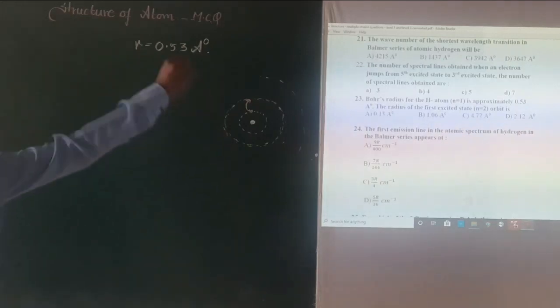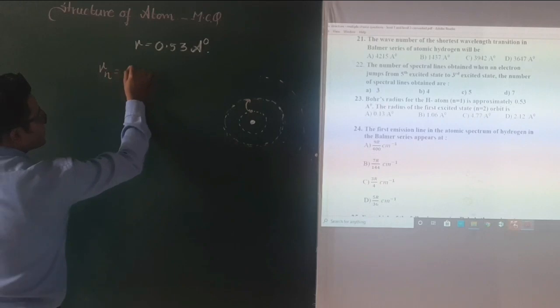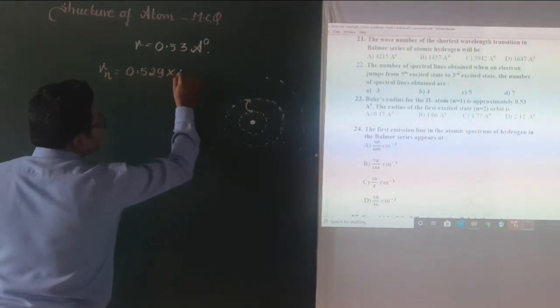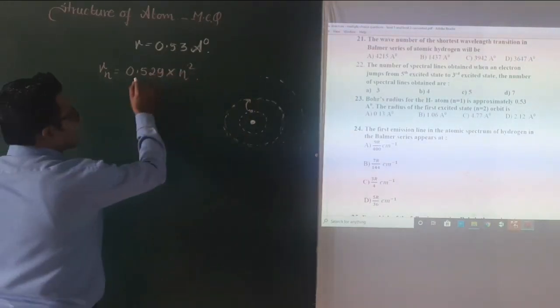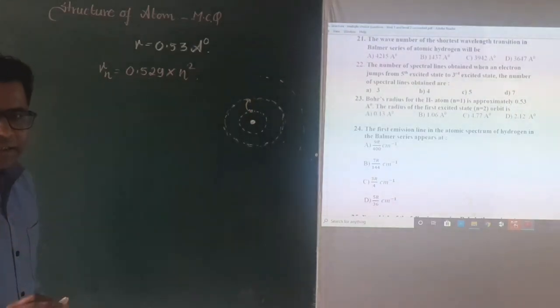the orbit. Alright, so we have a direct relationship. Rn is equal to 0.529 into n square. Some of them also take it as 0.53 into n square. You will get almost approximately the same answer.